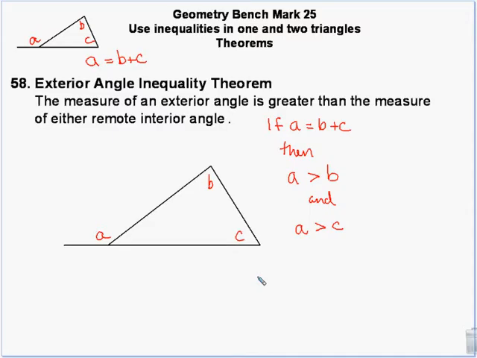That's what A would equal, the $11. And $11 is bigger than $5 or $6 by itself. So that's where this theorem comes from. Because A is B plus C, it has to be bigger than B and it has to be bigger than C by themselves. Does that make sense? Okay.